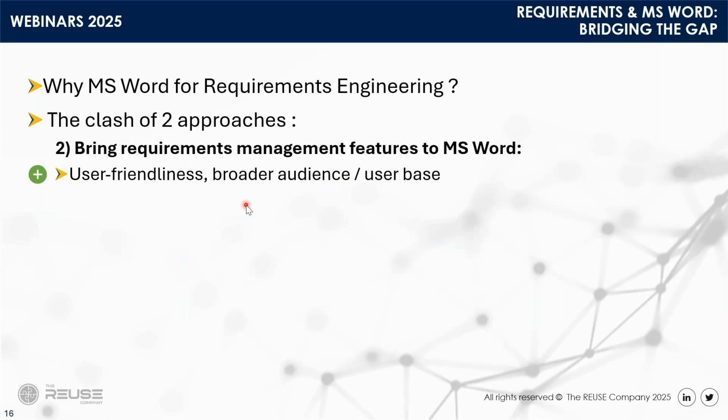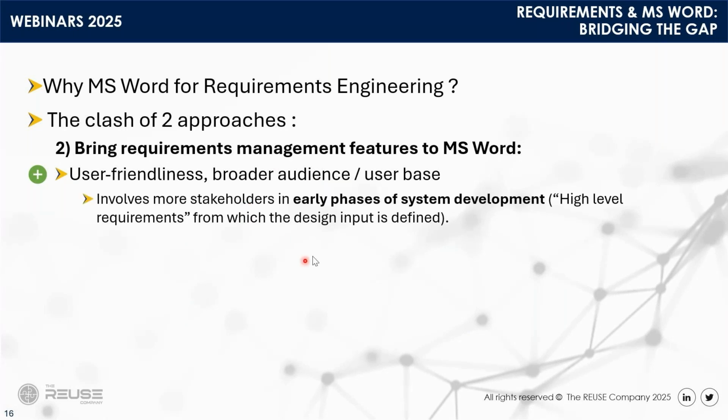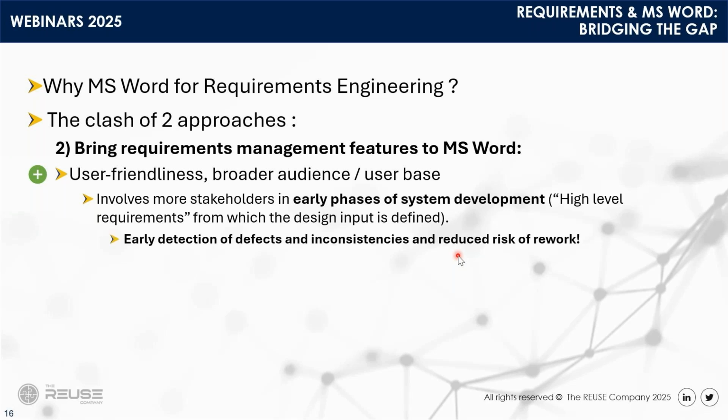By this, we increase the possible adoption of the tool in early phases of system development. Since we involve more stakeholders, we have a higher chance to get a better understanding of what is expected from the business management, the users, and all the concerned people.